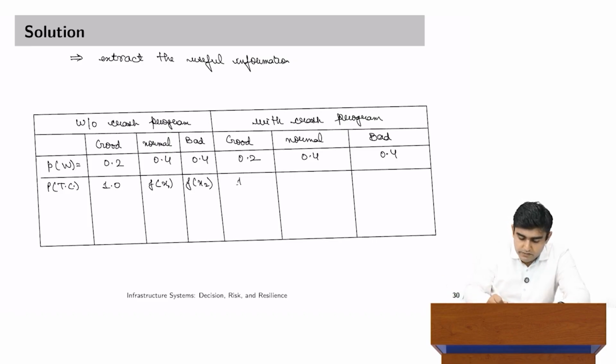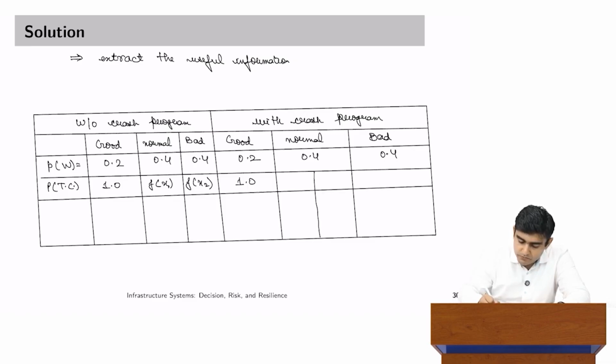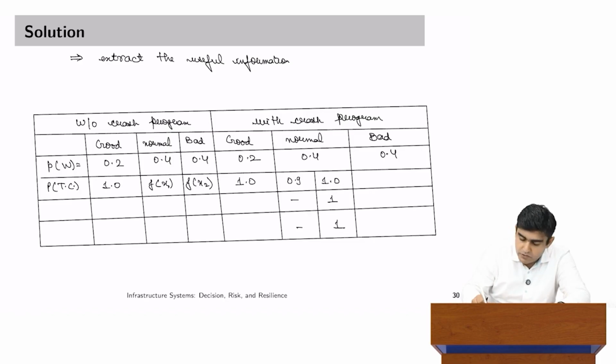When weather is good, chance of this happening is 1, right, and when crash program is launched, he is 90% sure that there would be no delays. So, we would have 0.9, there are no delays at all. However, 10% uncertainty still exists there, and it would have certain parameters, and says that mean and standard deviation of delays are going to be 1.